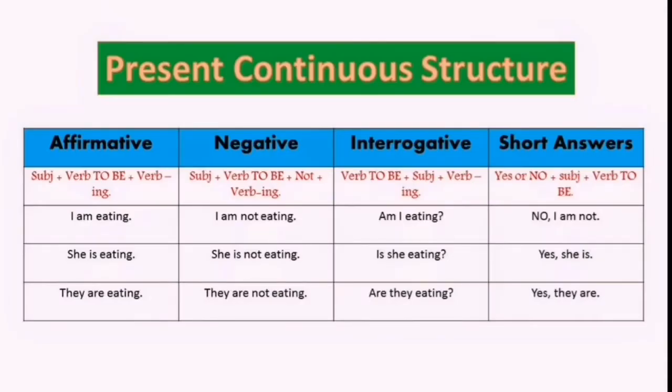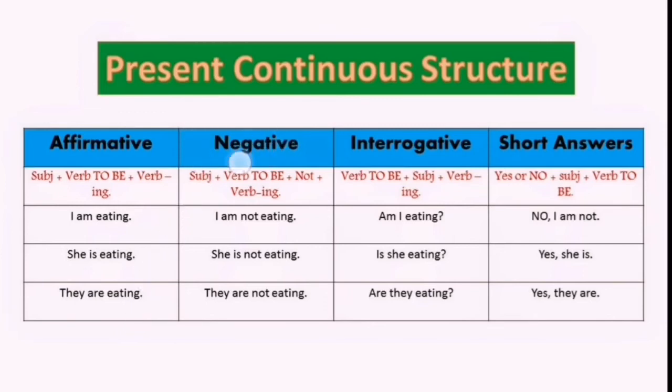Let's go into talk about the structure of the present continuous. You already know it, but let's remember it when using it in a future. Remember, we use a subject plus the verb to be plus the verb that is always going to be in ing. That is for the affirmatives. I am eating, she is eating, they are eating.